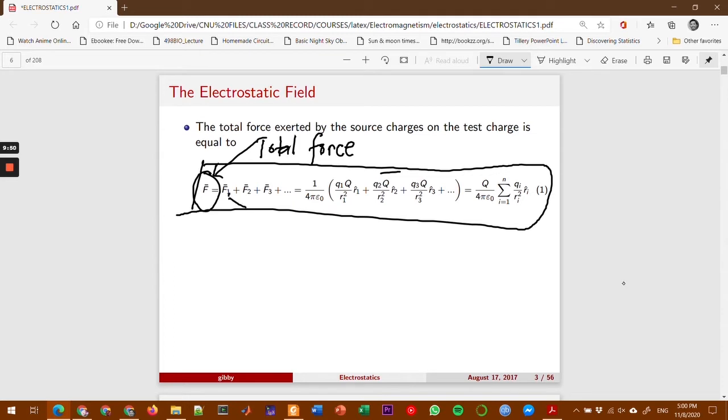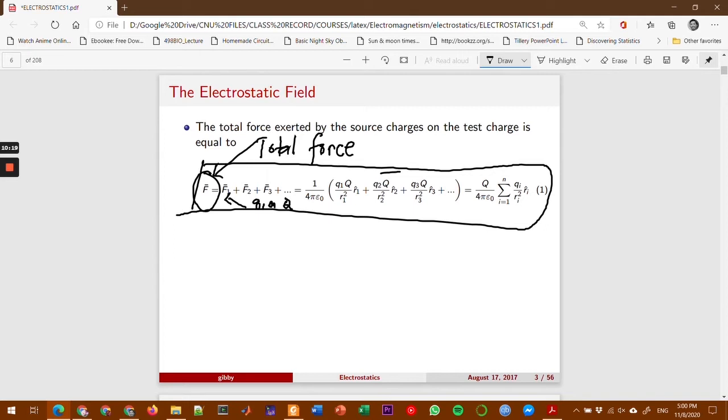Where we have F1, so this is force acted by Q1 onto Q. Force acted by Q1 on Q. F2 is force acted by Q2 on Q and so on. So there could be many, as many source charges as you want, not only limited to 3. Okay. So the force is actually given by this one.